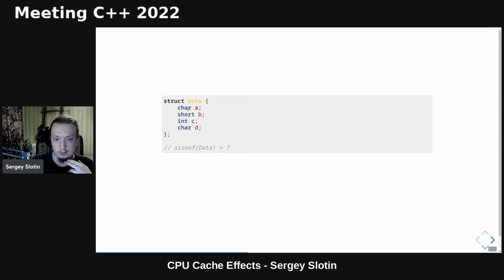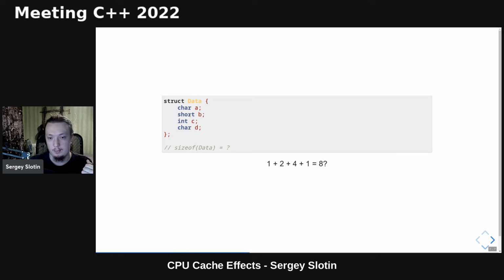When stored succinctly, this structure needs a total of 1 plus 2 plus 4 plus 1, 8 bytes per instance. But even assuming that the whole structure is guaranteed the alignment of 4, its largest member, it is possible that it is allocated on, say, the last 4 bytes of a cache line. And the int variable will be split between the two lines if the structure is stored succinctly.